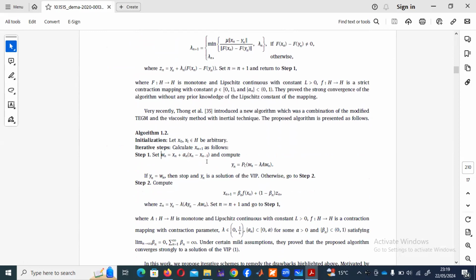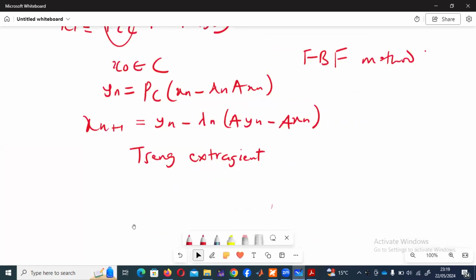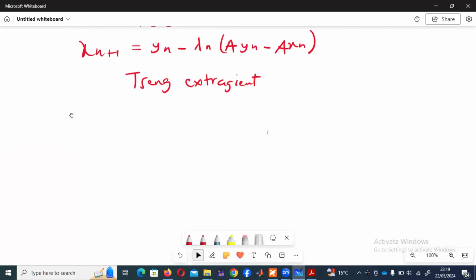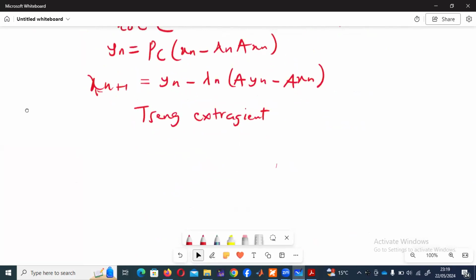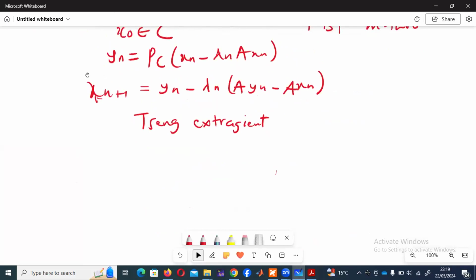So they've replaced, you see, it was previously yn. So this is the same method. Now it's starting with xn.